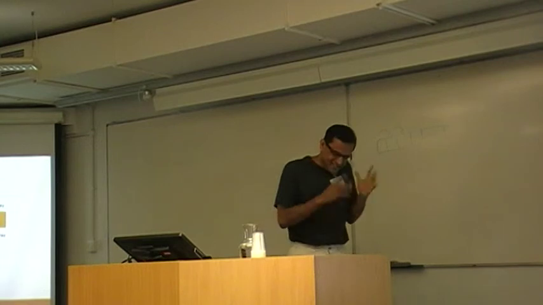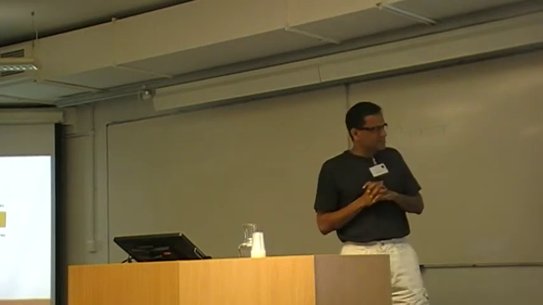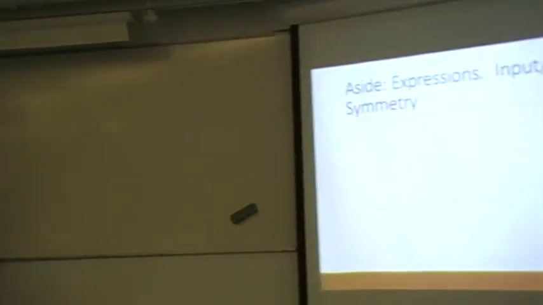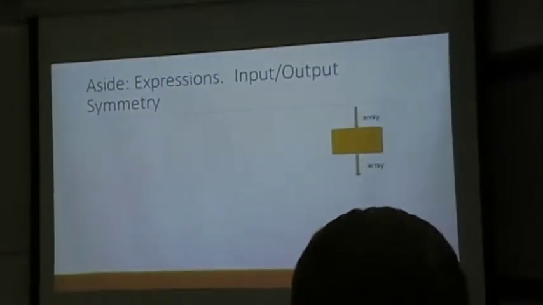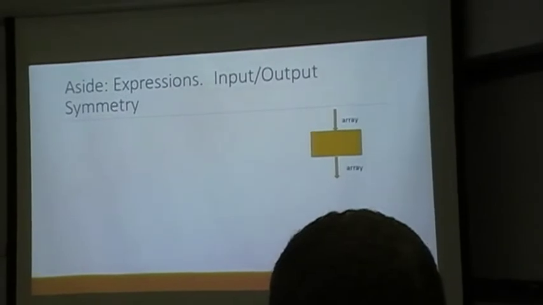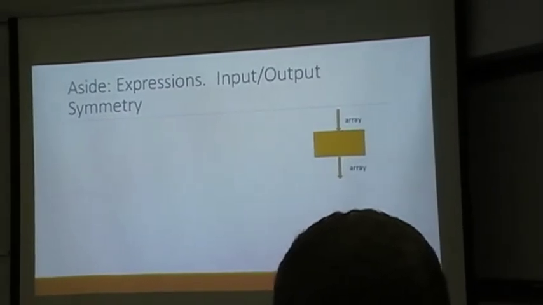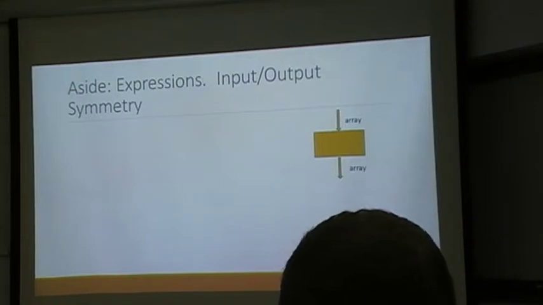Right. And just as an aside, already in this simple language, it forces one to think of computation a little bit more symmetrically, right? So let's say we write a little expression in this language, which is a little function maybe, which takes an array and creates an array.